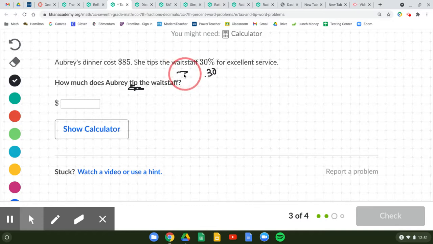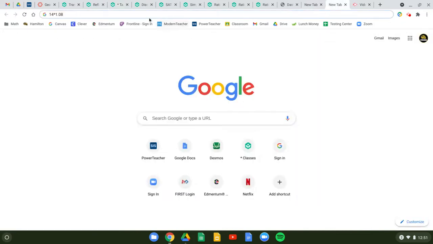So you're just going to do 85 times 0.3, and that will tell you the amount of money she leaves as a tip. If we did 1.3, that would tell you the total expense for the whole meal, the $85 plus the tip, if I put a 1 in front of there. But that's not what the problem asks for. It just wants to know how much the tip is.